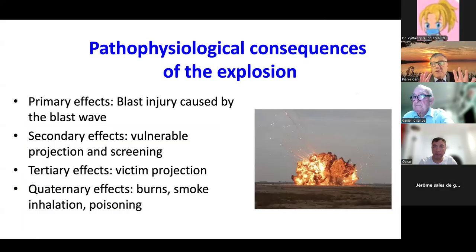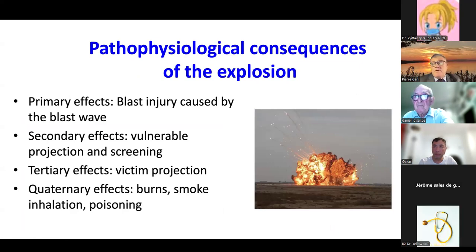This is the first point, the bullet, but sometimes at the same time there are also the consequences of the exploding weapon. The blast is well known, but it's still extremely dangerous when associated with bullets, creating complex internal problems. There are several mechanisms. Primary is the explosion, the blast wave, which shrinks the structures inside the human body. The second is that the body will be projected.